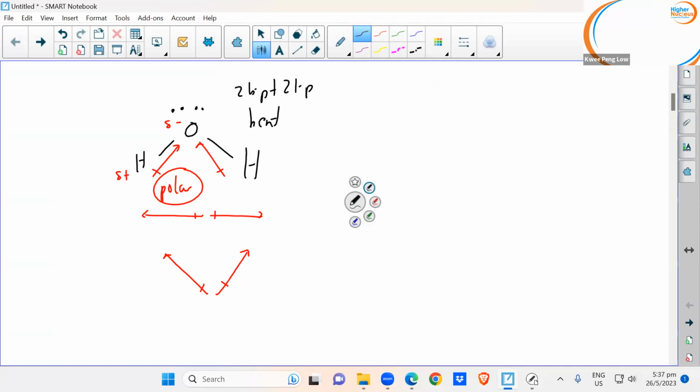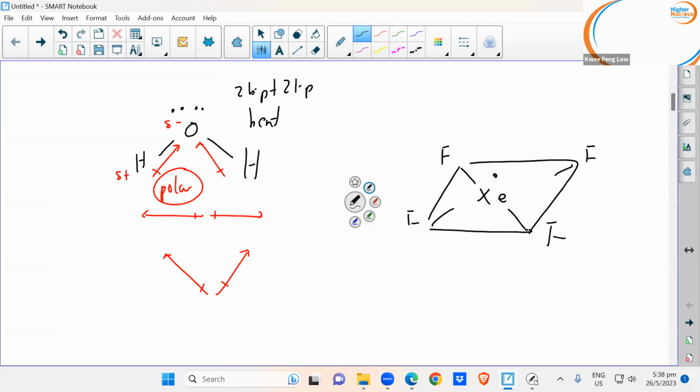Yeah? Okay, let's do this one. Xenon tetrafluoride, XeF4. So surrounding your xenon, you have 4 bond pair, 2 lone pair. This guy has what we call a square planar shape.